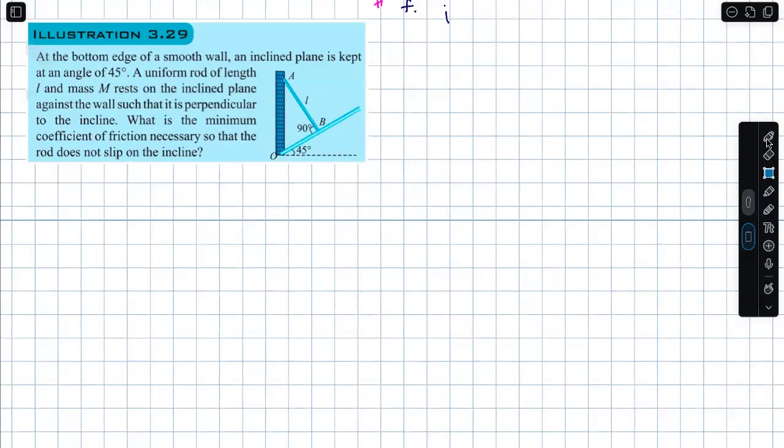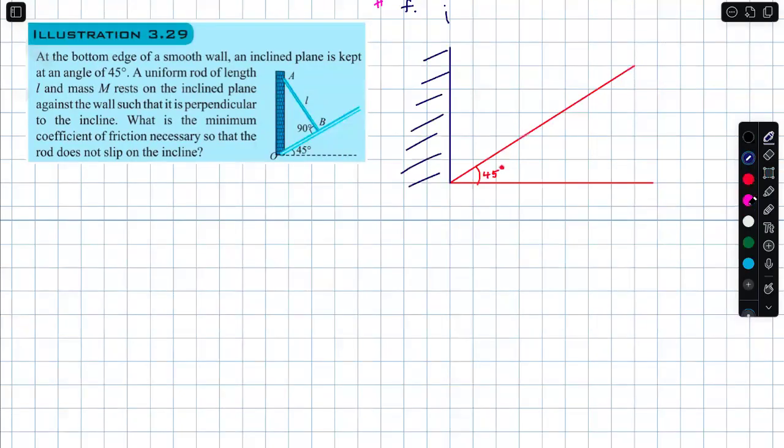I'll try to draw the diagram again because the space there is constrained for us. That's it.